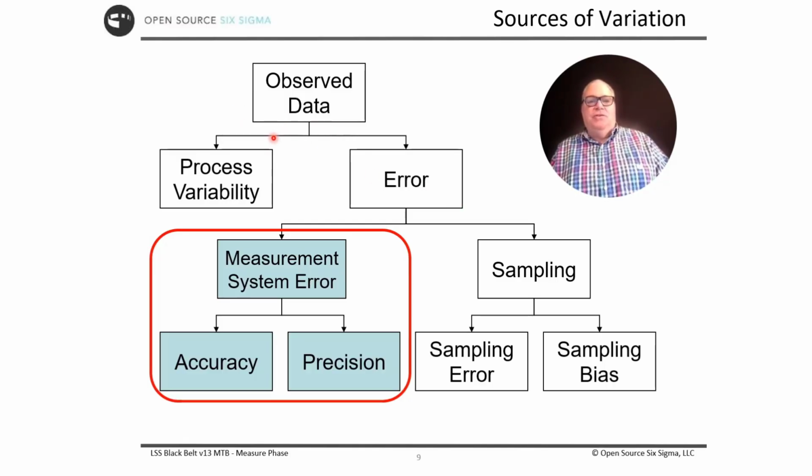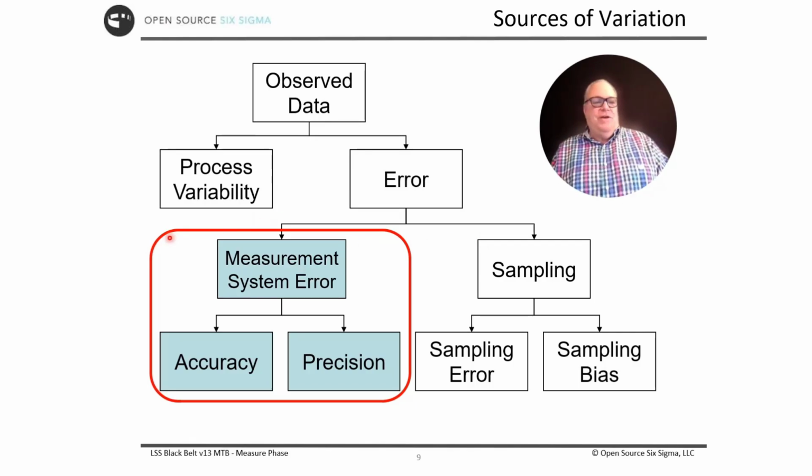And there's two sources that we'll talk about in this course, one being the measurement system, which we're going to talk about now, and then when we get into the analyze phase, the fact that we're sampling from the process also introduces some error. So we're always on guard for error.